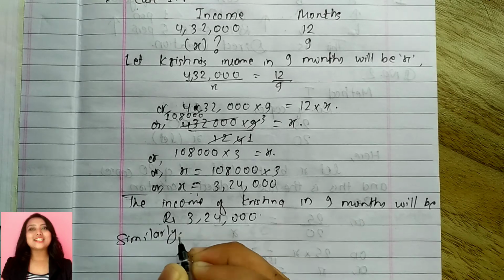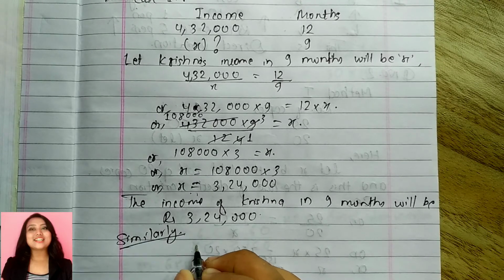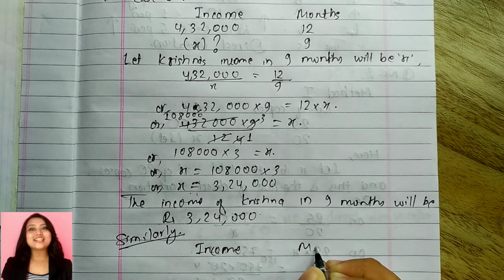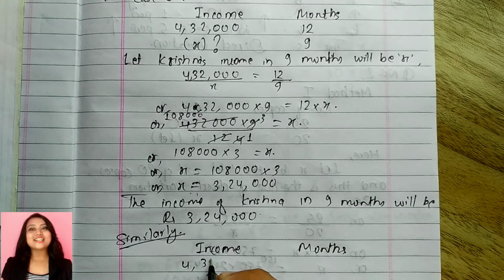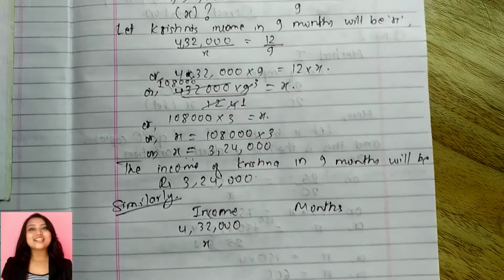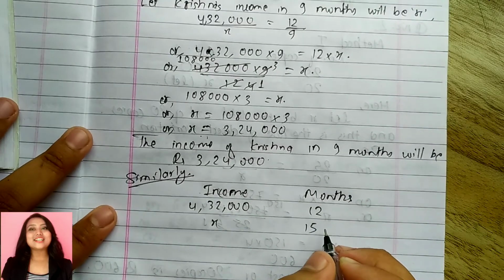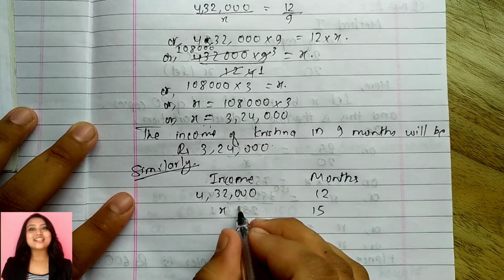Similarly, since the question is asking about 15 months also, we can do that too. Similarly, income and months. Income, here it is given 4,32,000. Let X be there. The months is 12 months, and here 15 months is given, and we don't know the value of the income in 15 months, so we have supposed it.